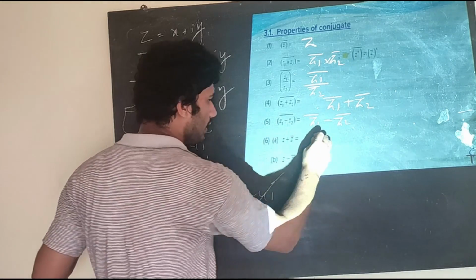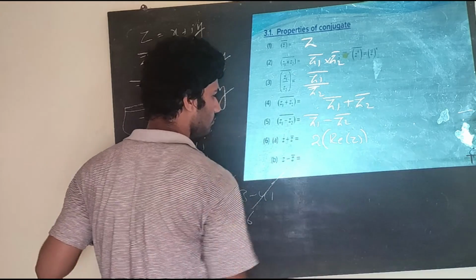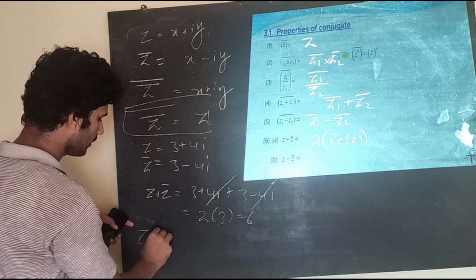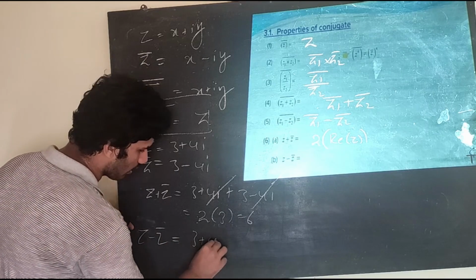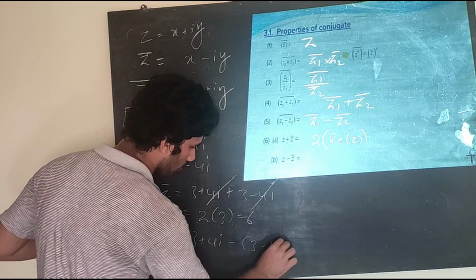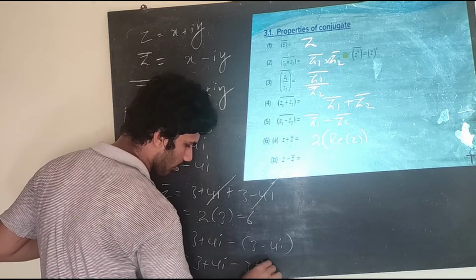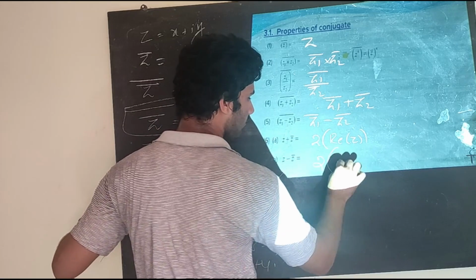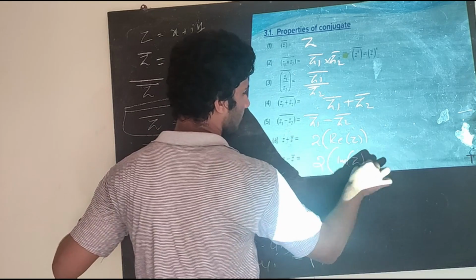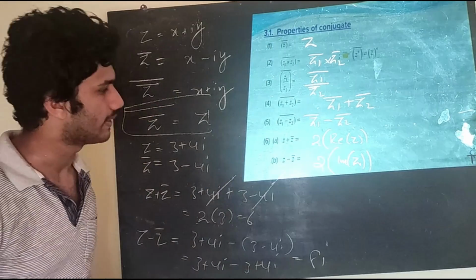So this gives me 2 times the real part of z. Similarly, if I take the difference, 3 plus 4i minus (3 minus 4i) gives me 8i, or simply 2 times the imaginary part of z. Hope you understand that. And there is one more property.